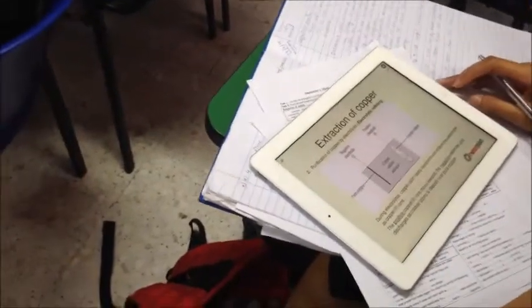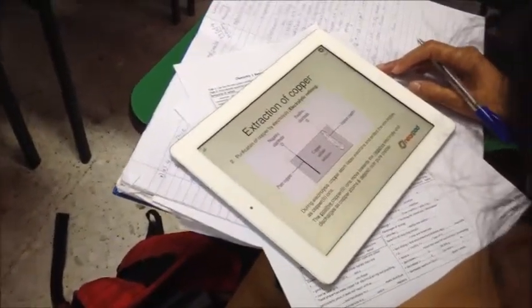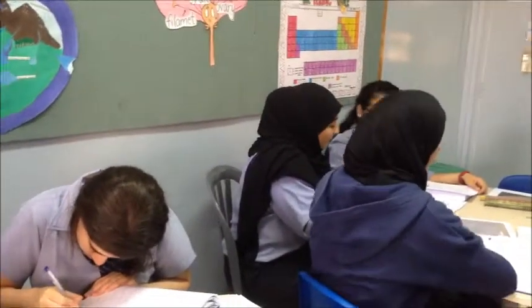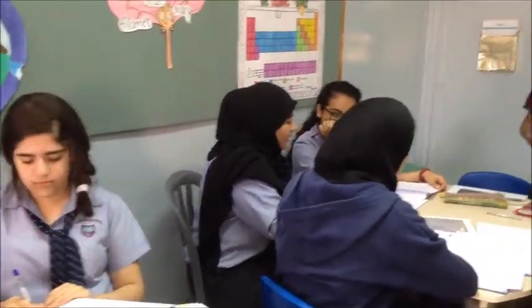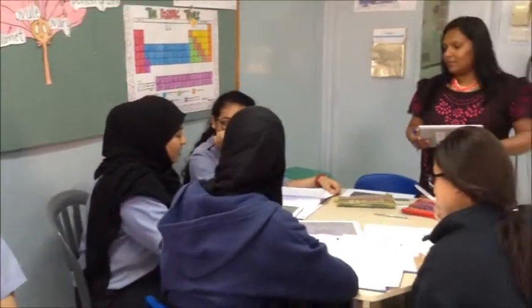Refining of copper. The anode and cathode are placed, and on the cathode we attach a rod of pure copper. Pure copper is attached to the negative terminal, which is the cathode. The anode is the impure copper which has to be refined.